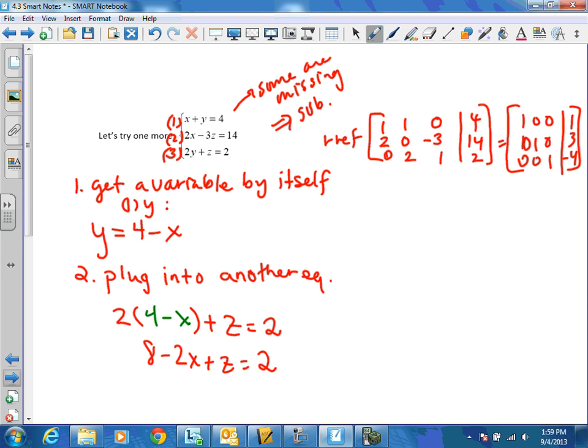So I plugged this into another equation, and the only other equation we could use was 3, which had a y. And now I'm reducing to what?